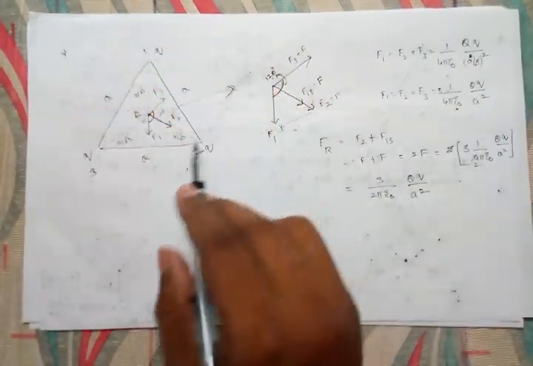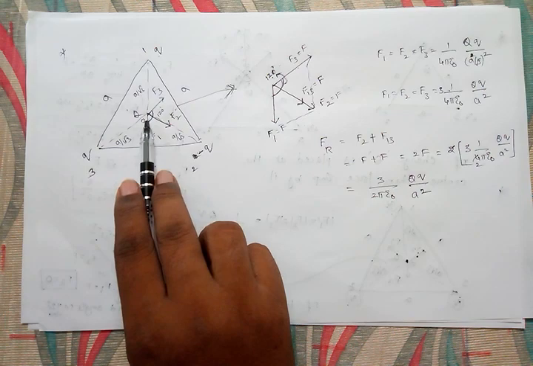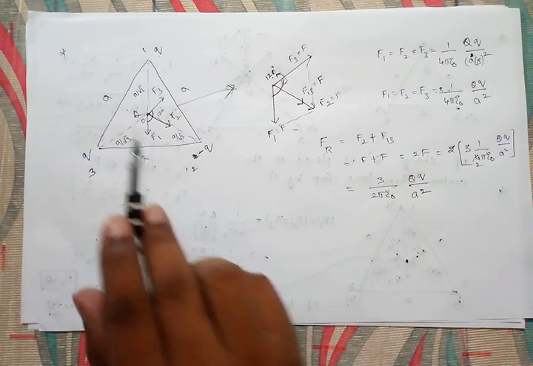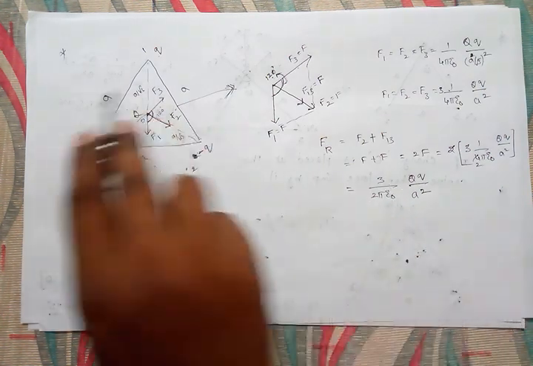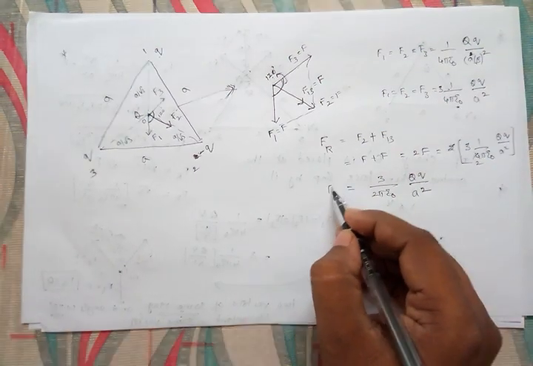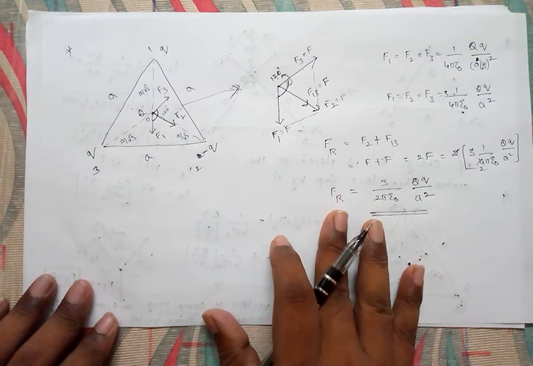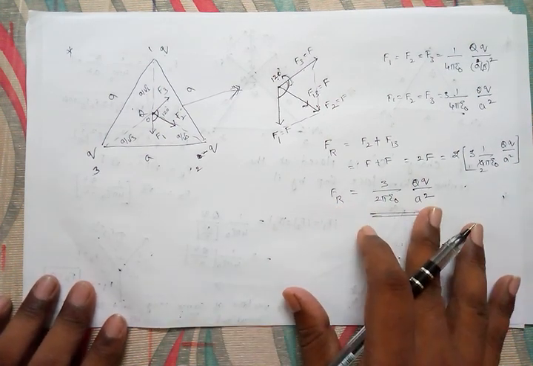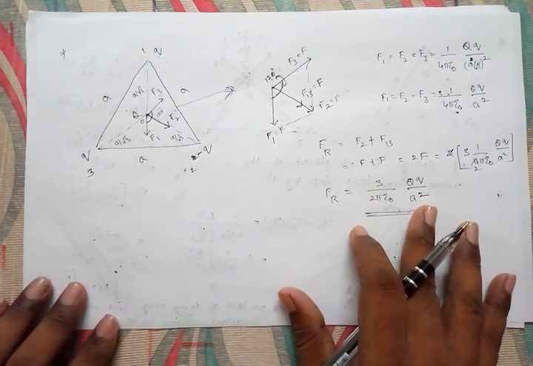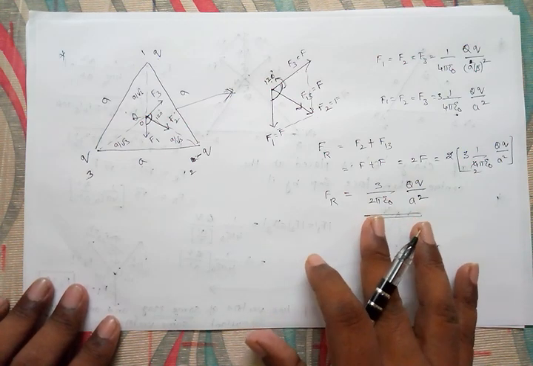If all the charges are the same, then the resultant force acting at the centroid is 0. If any one of the charge polarities is different, you will get this result. So this is the one case in the triangle situation, and we can go for the next one.